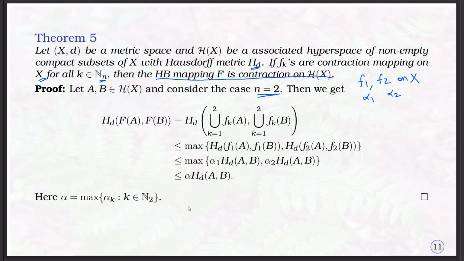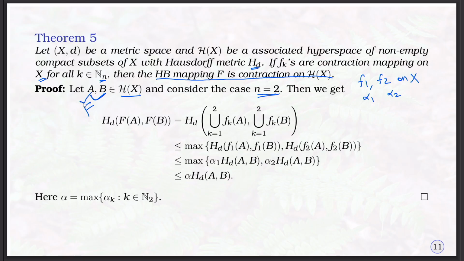Now, we need to prove that the union of these mappings is also a contraction on H of X. If we want to prove that this mapping is a contraction on H of X, we need to take two elements A and B in H of X, and find the distance between A and B and the distance between the images of A and B with respect to the mapping F. If the distance between F of A and F of B is less than alpha times the distance between A and B, then we can call F a contraction.